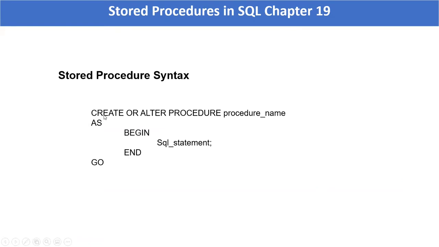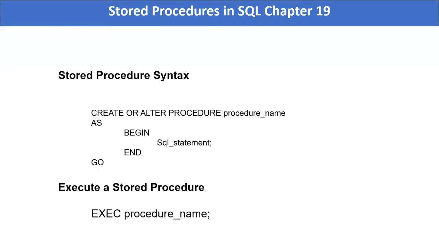As you can see, CREATE OR ALTER PROCEDURE, then the name that we want to use for this procedure, then BEGIN, which starts the execution of the statement, the code, and END. To execute a stored procedure, we can use the EXECUTE keyword and the name that we already created.